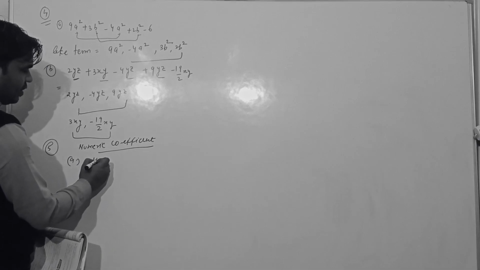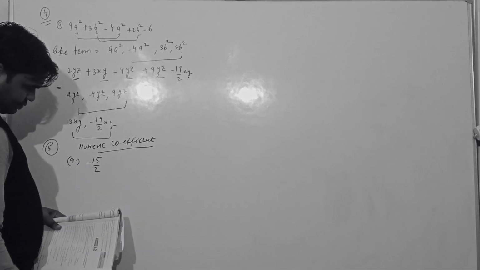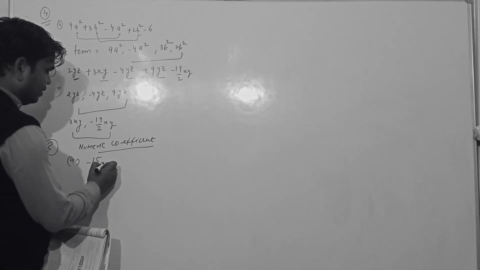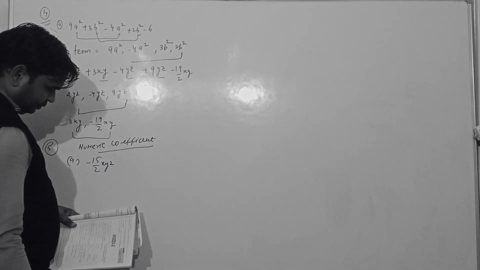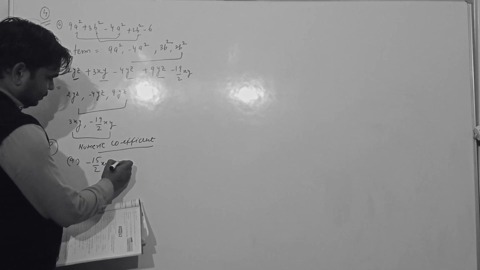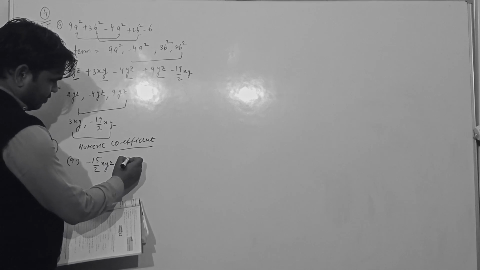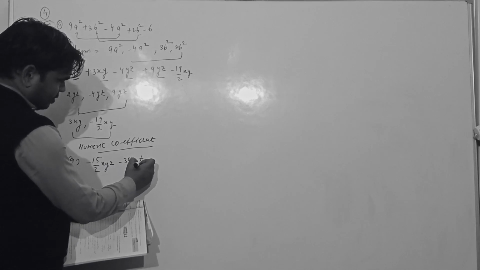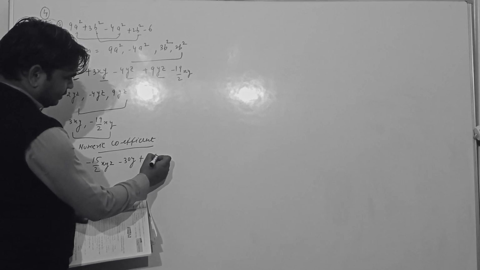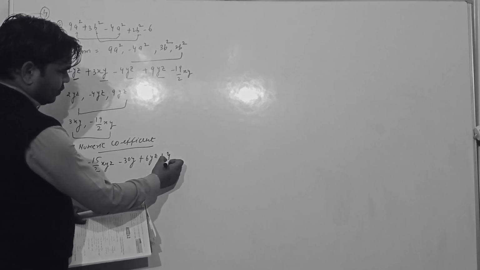This is minus 15 over 2 xyz minus 30y plus 6yz plus 4.